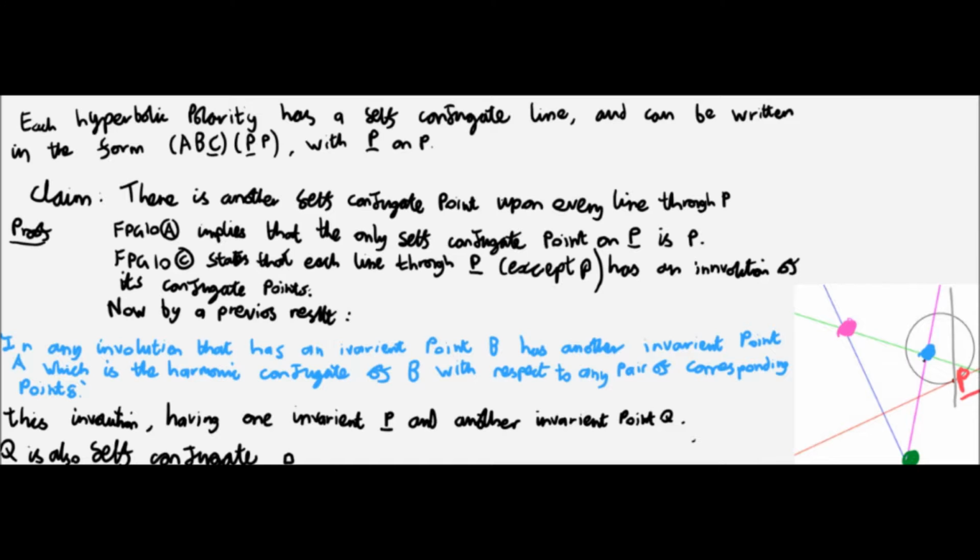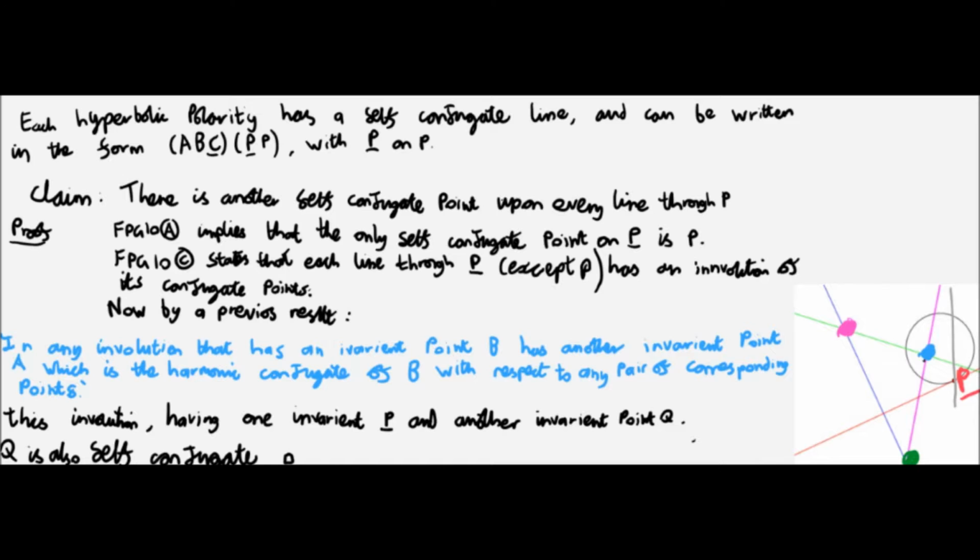That beckons the question, how many of these self-conjugate points do we really have? Do we have many? Well, there's a claim here, a theorem really, and essentially it does infer that there are going to be lots and lots of these self-conjugate points.